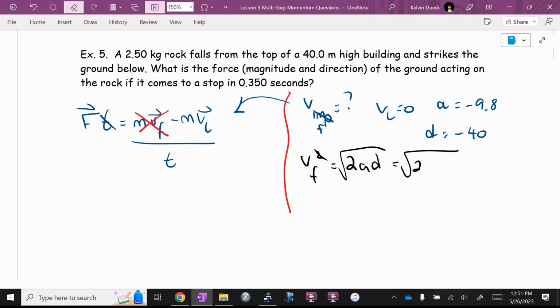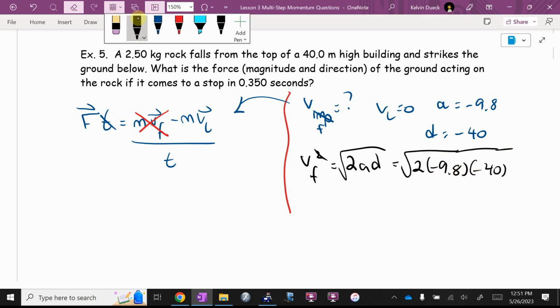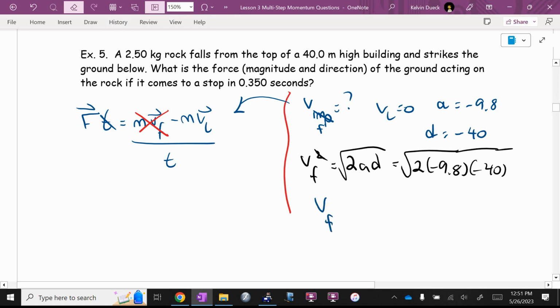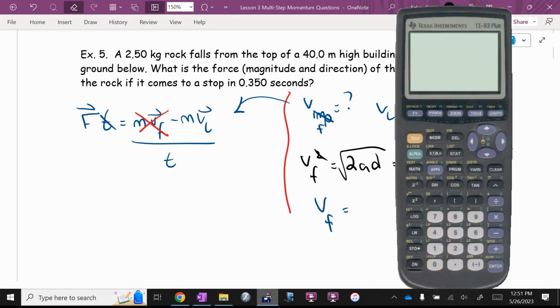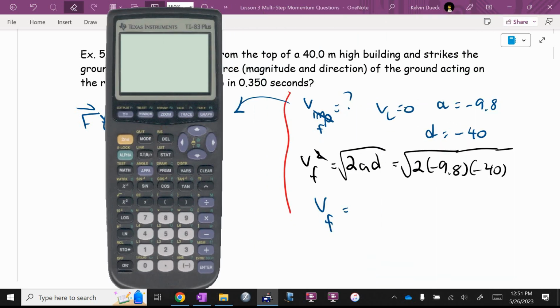It's going to be the square root of 2 times negative 9.8 times negative 40. What do you get? 2 times negative 9.8 times negative 40, square root of that.